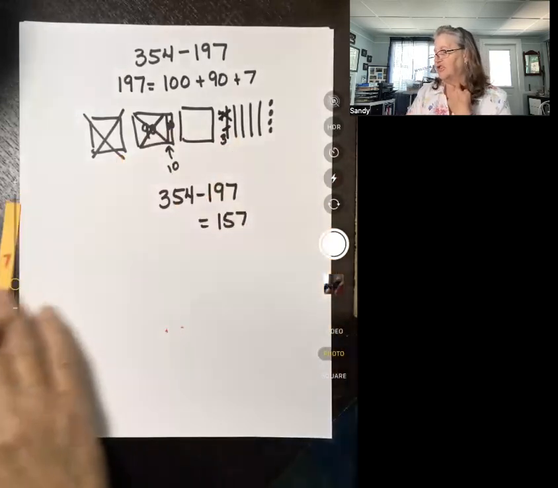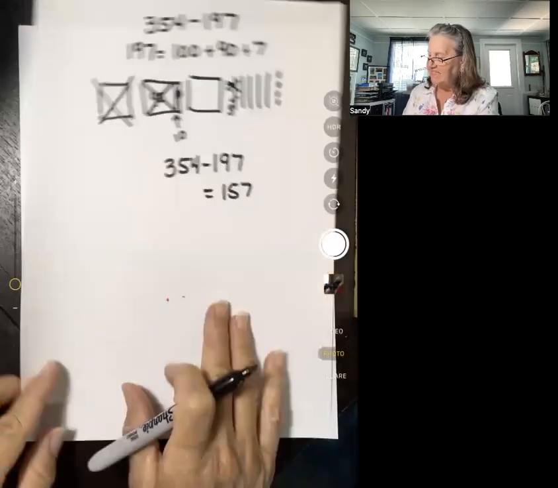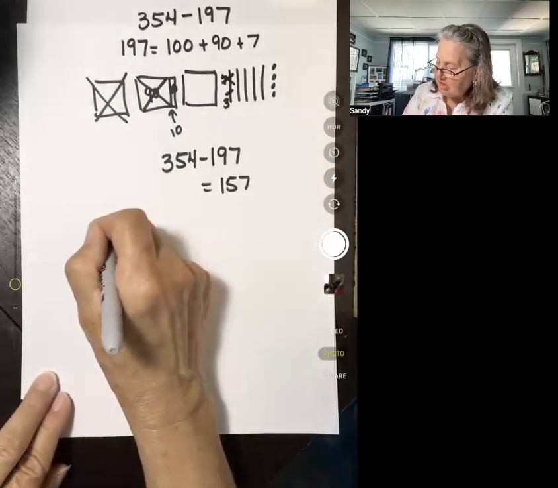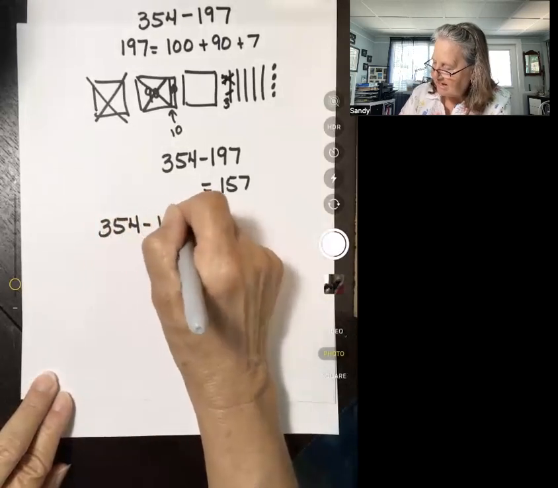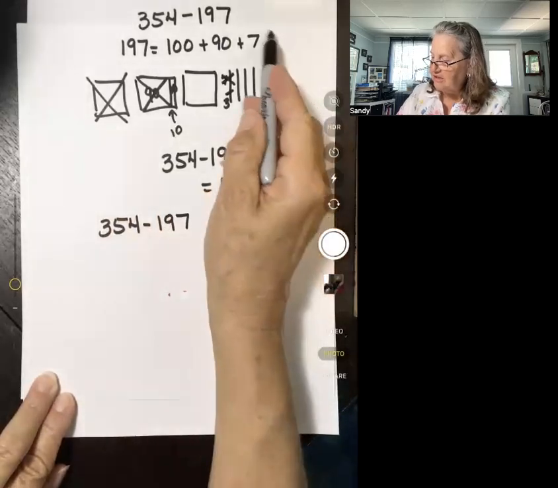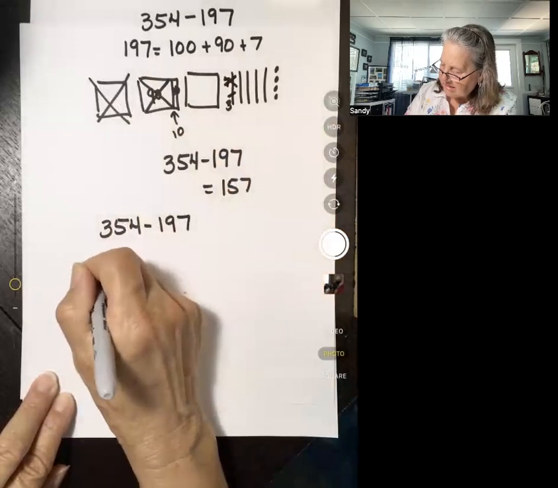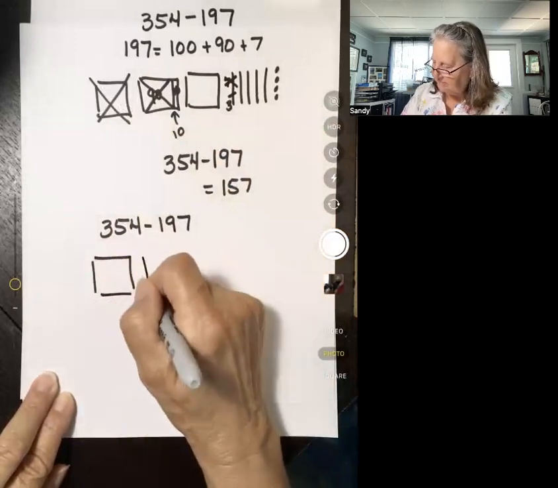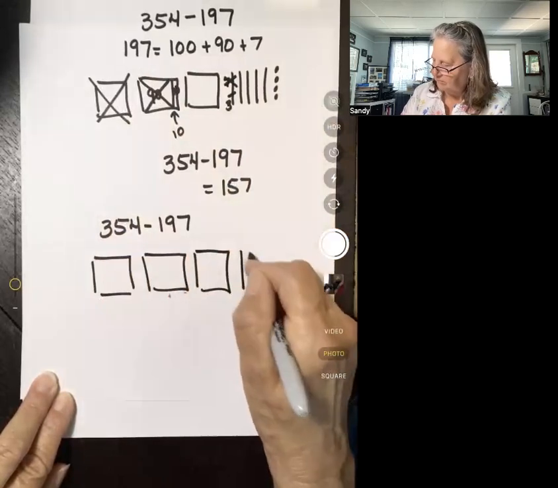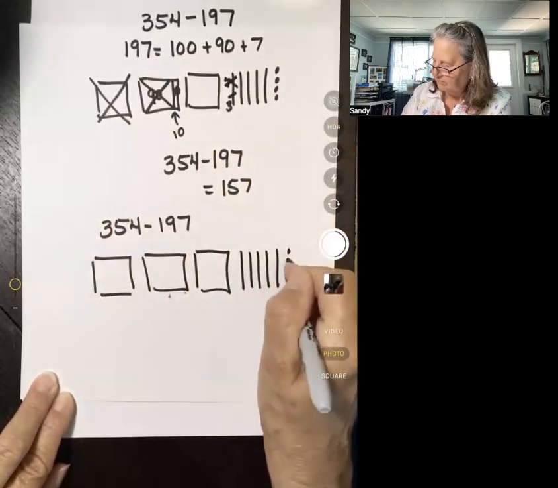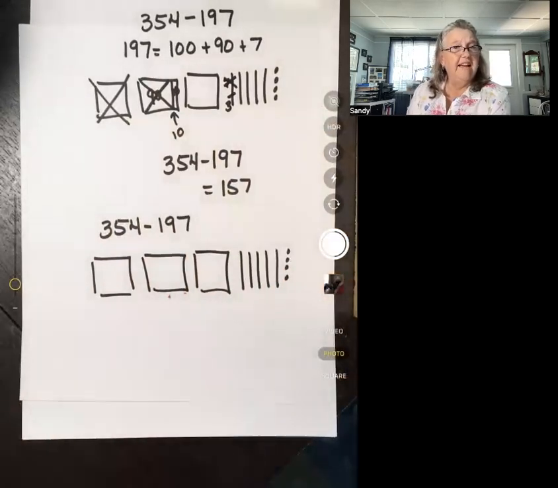Now, you may find your students doing other versions of this. Once they get the idea, I've seen some children will take 354 minus 197. They use this version for 197 still. They start with the same picture. And they work right to left.